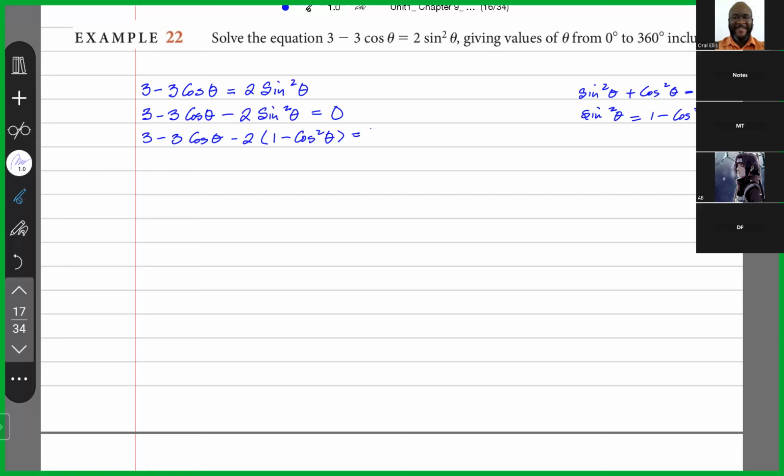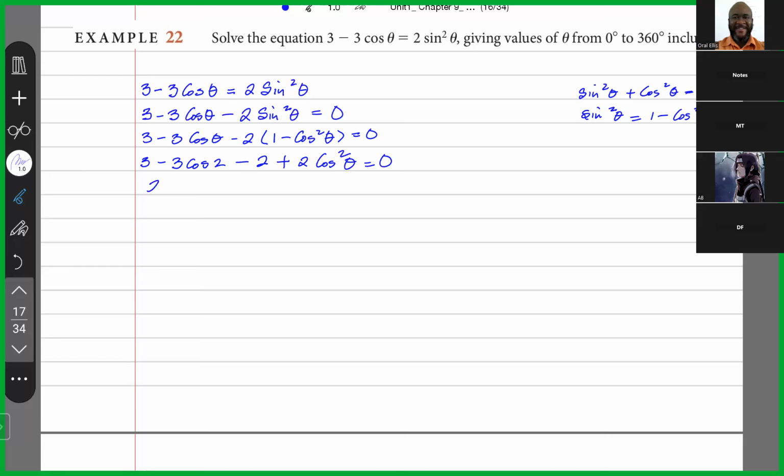is equal to 0. Next, I'm going to remove the brackets by applying the distributive law. 3 minus 3 cos theta minus 2 times 1 is minus 2. A negative times a negative is a positive, so 2 times cos squared theta is 2 cos squared theta, equal to 0.